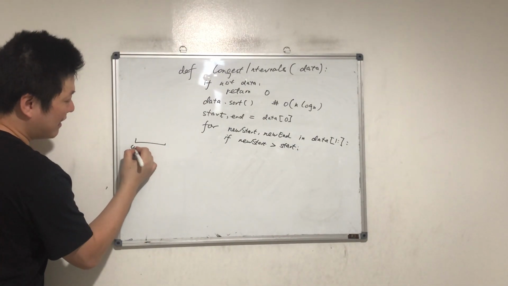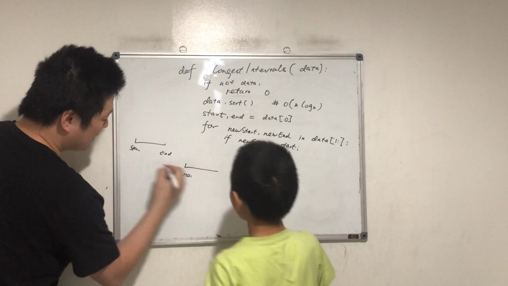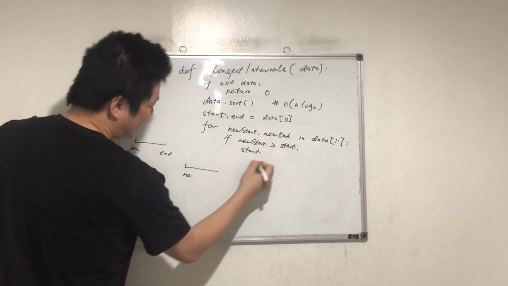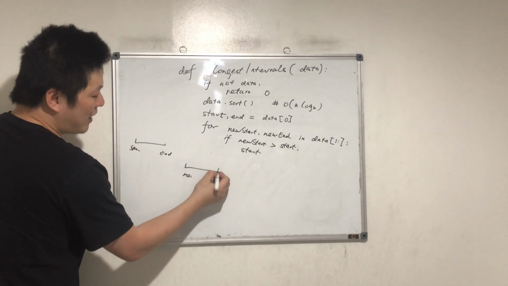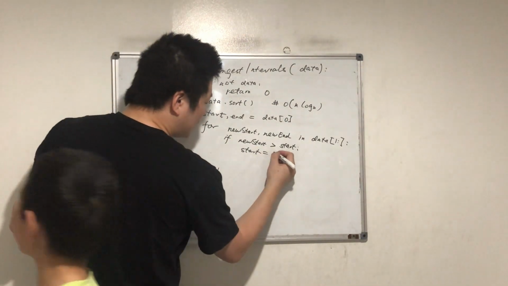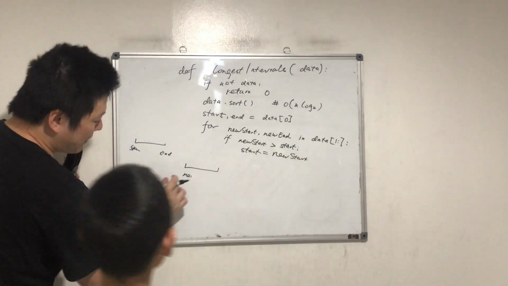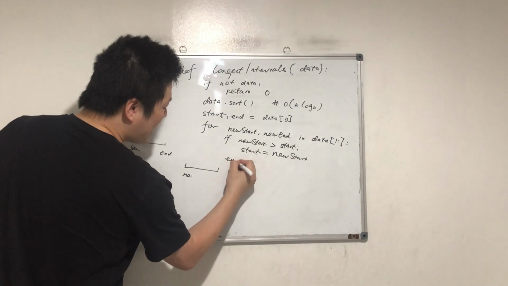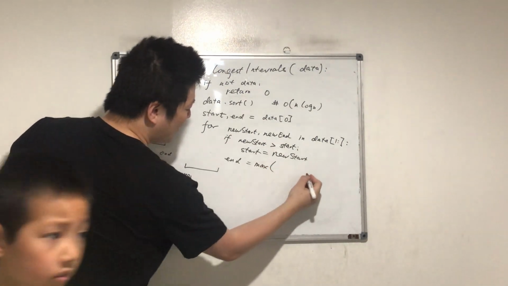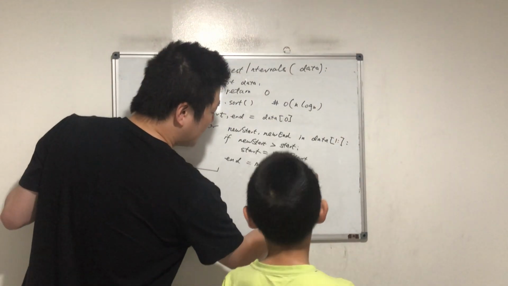If the new start is bigger than the end, the start begins again; start equals the new start. Otherwise, we want to update the end to the maximum of end and new end.